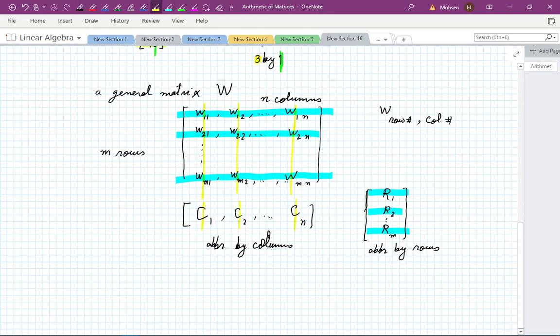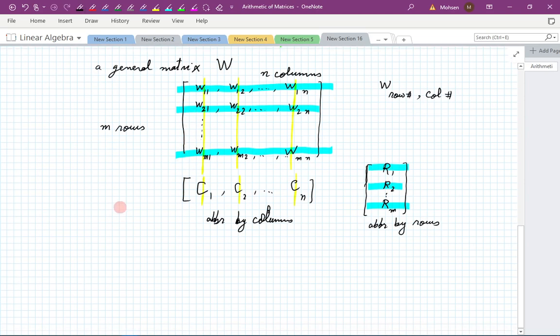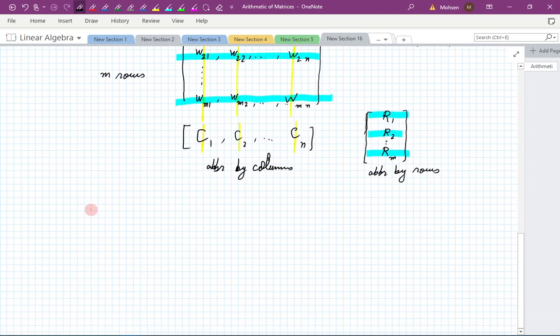Aside from these things, we have a case where this rectangular array actually turns out to be a square array. So in that case we refer to a square matrix. A square matrix is simply a matrix that has the same number of rows as columns.